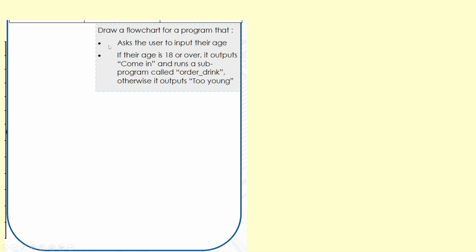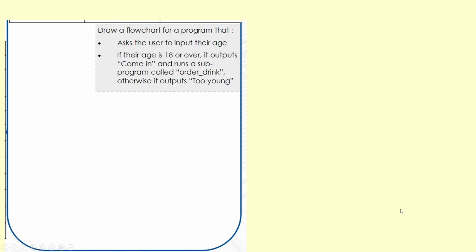I've given you a space here and a little challenge to draw a flowchart. It says draw a flowchart that asks the user to input their age, and then if the age is 18 or over, it outputs come in and runs a subprogram called order drink. Otherwise, it outputs too young. Look for the key words here: outputs, input, subprogram.